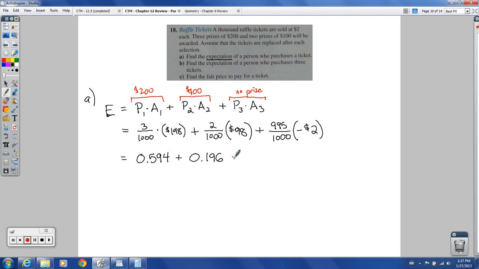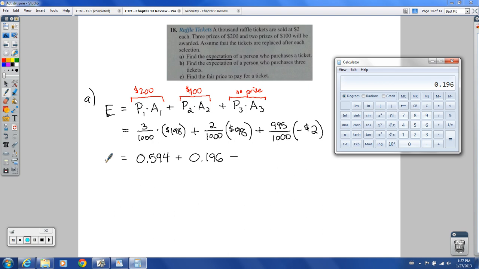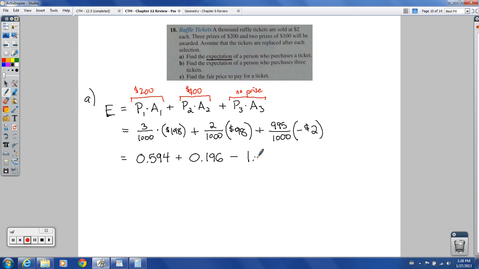And then this is going to be a negative because you've got a positive times a negative. So this minus, and you have 995 divided by 1,000, times 2, we already know it's negative, so times 2 will be 1.99. So we're going to have this 1.99.